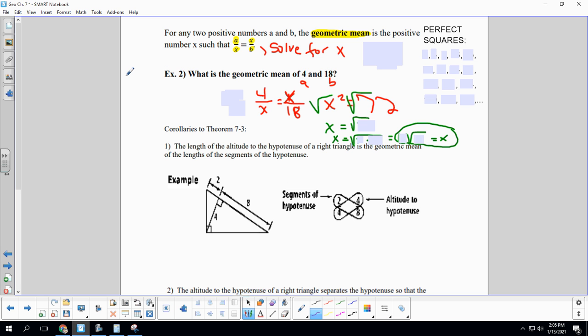So if I'm listing the factors of 72, I have 1 times 72, 2 times 36, 3 times 24, 4 times 18, 9 times 8, 72 divided by 6, 6 times 12.